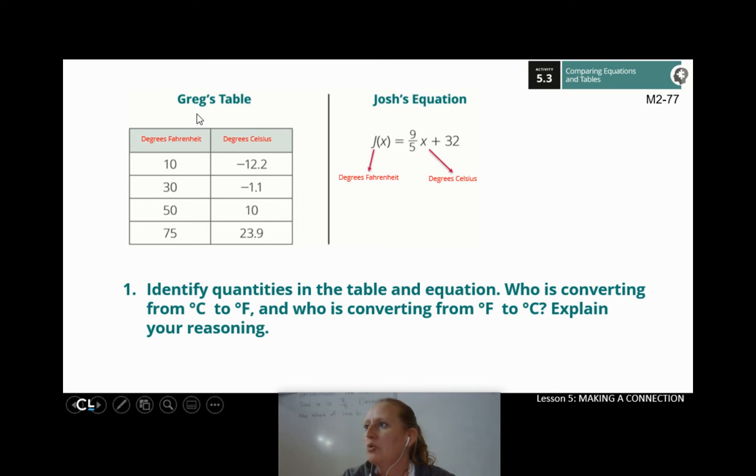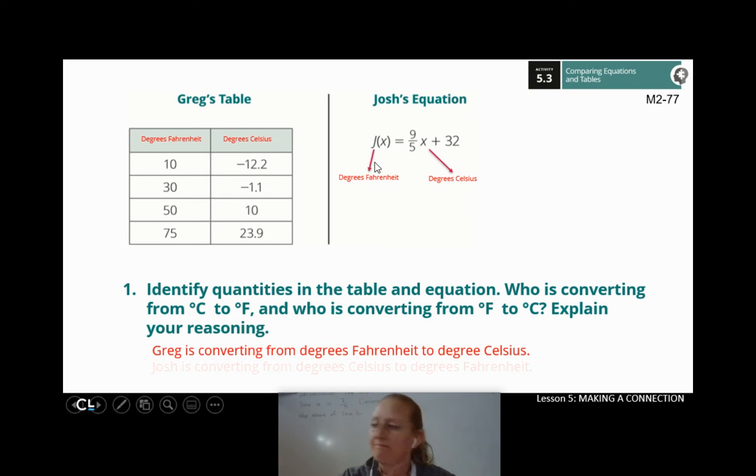So Greg is converting from Fahrenheit to Celsius. Josh is converting from Celsius, inputting Celsius, and going to Fahrenheit.